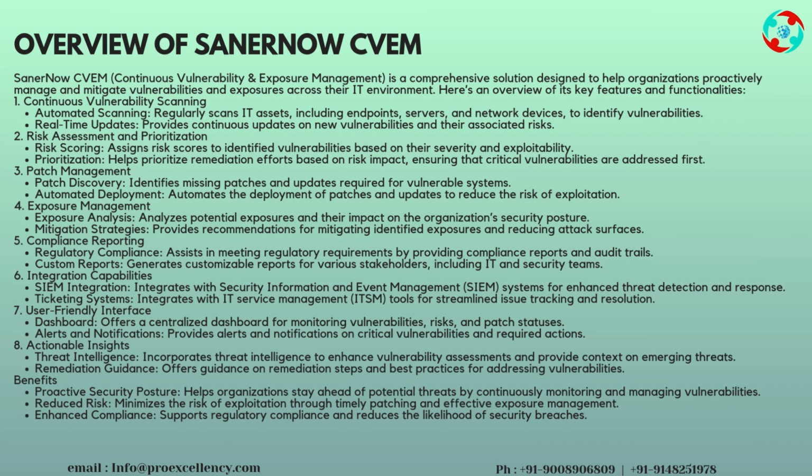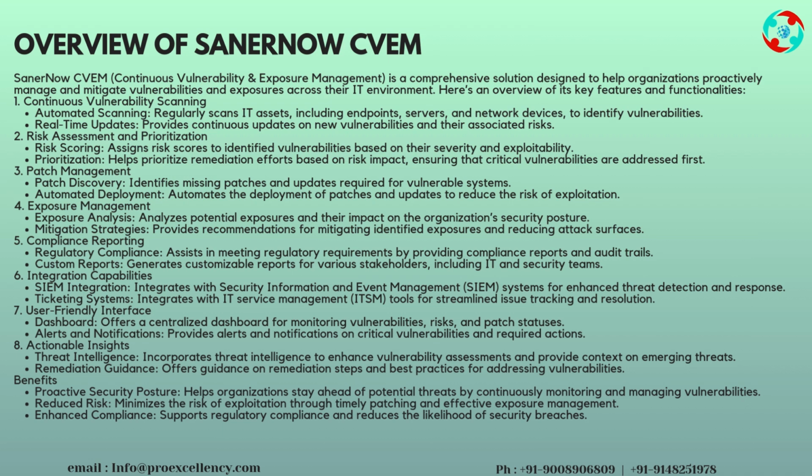1. Continuous Vulnerability Scanning. Automated scanning regularly scans IT assets, including endpoints, servers, and network devices, to identify vulnerabilities. Real-time updates provides continuous updates on new vulnerabilities and their associated risks. 2.